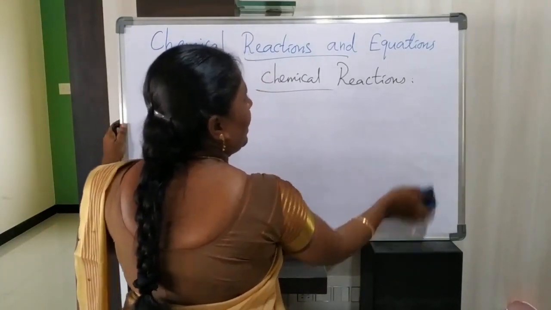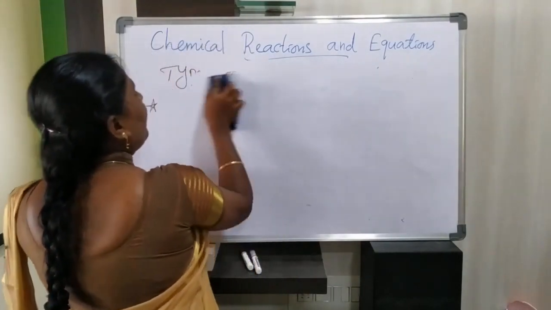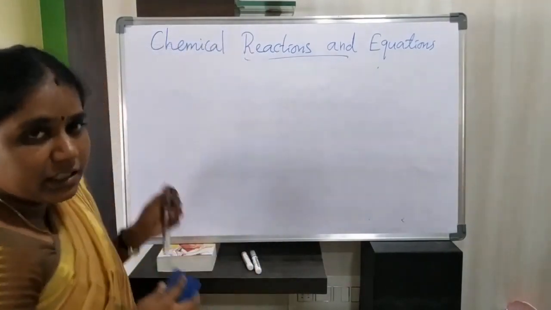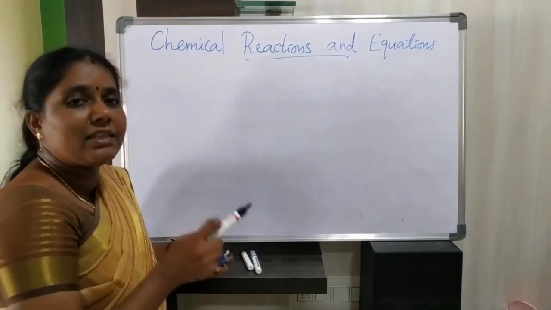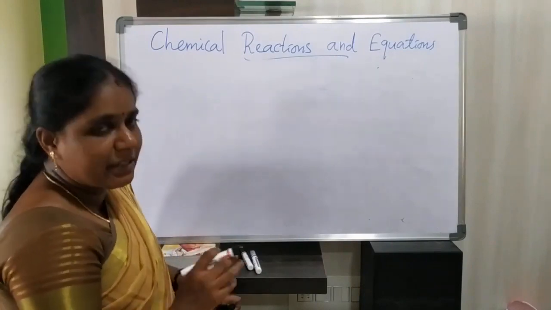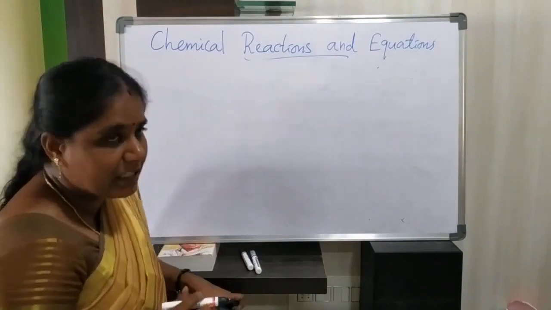Listen. See, do you know what is meant by reactivity series of metals? About that we will discuss in detail in your third lesson, but now you just have to know the reactivity series of metals.